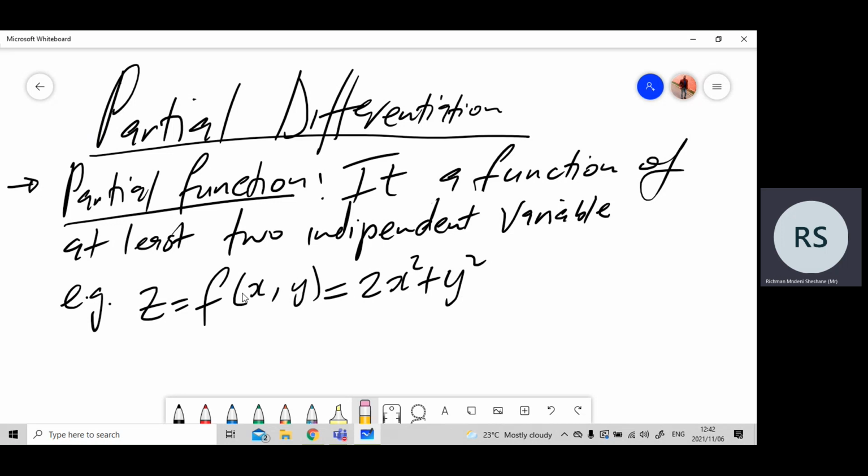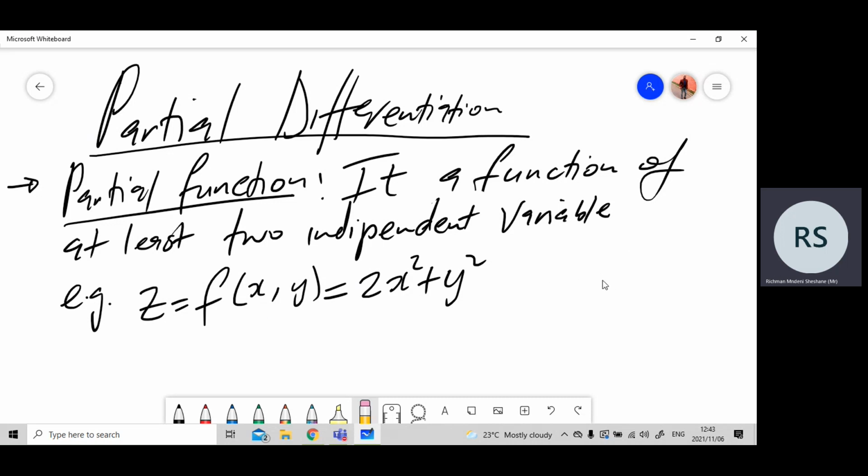So for example, let's say this function of x and y is 2x squared plus y squared. You see here, y is no longer a function, it's an independent variable. The dependent variable is z. Z is now a function of x and y.